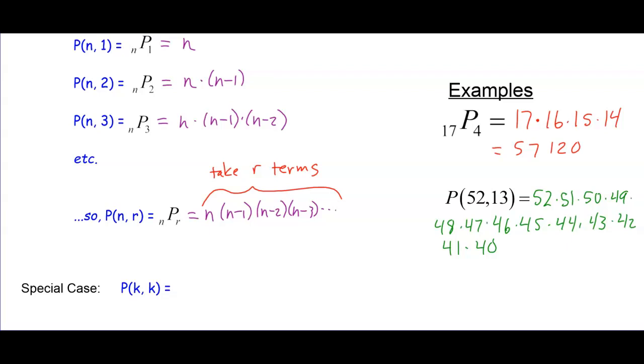In that case, this thing that looks like the start of a factorial would keep going all the way down to 1. So you would actually end up with a for real actual factorial. If the two numbers in a permutation are the same number, the second one isn't smaller, it's the same as the original one, then you actually get a full-on factorial all the way down to the bottom.